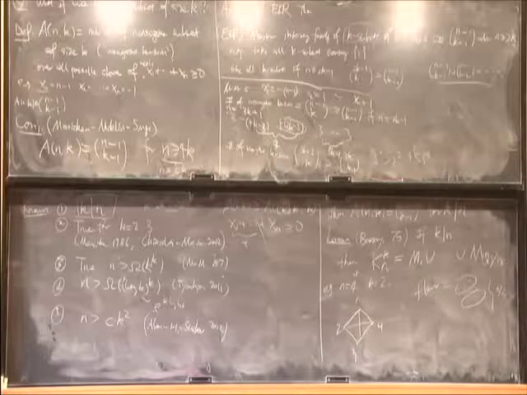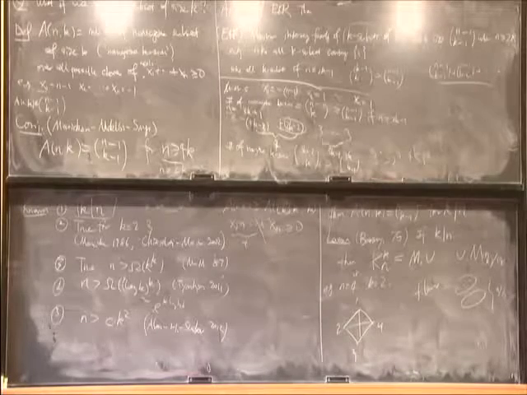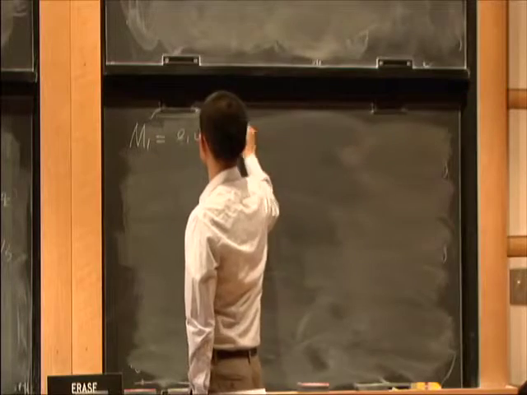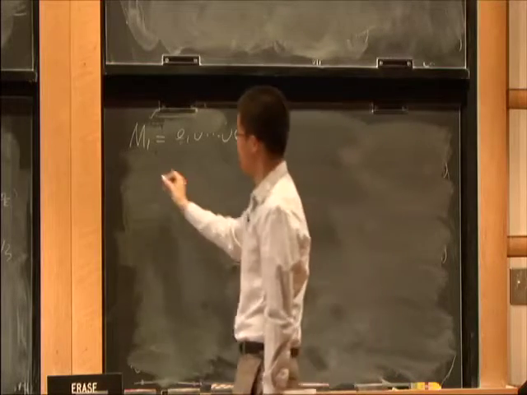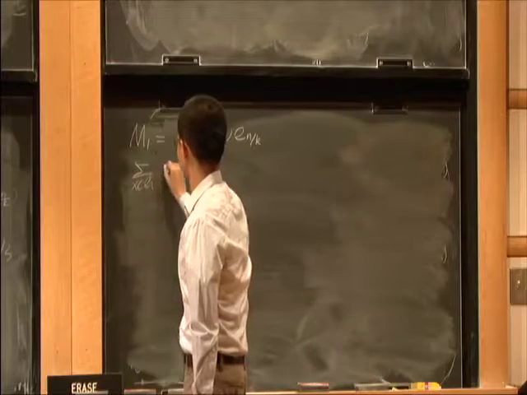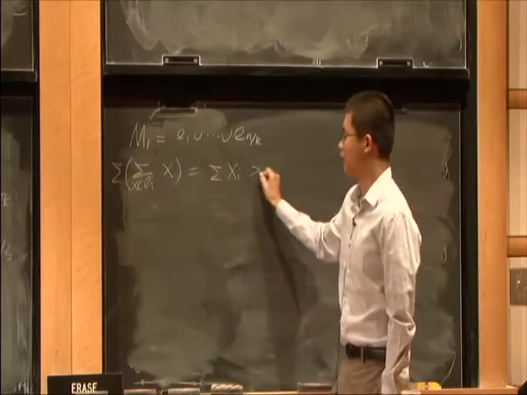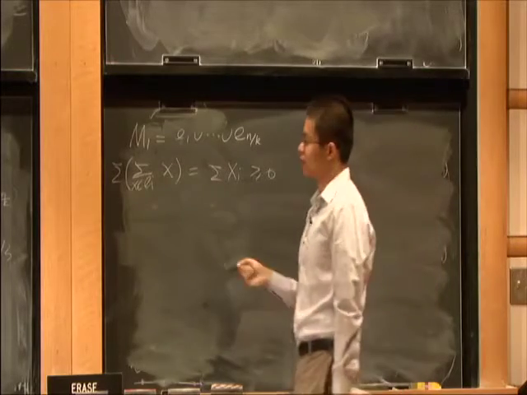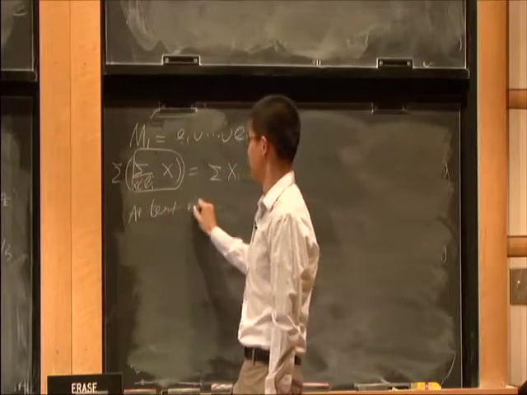If we take a matching M1, let's say it's equal to E1 union ... En over k, that is n over k edges, then the sum of this is just equal to the sum of the S_i, which is greater than or equal to 0. So at least one of these sums must be non-negative.